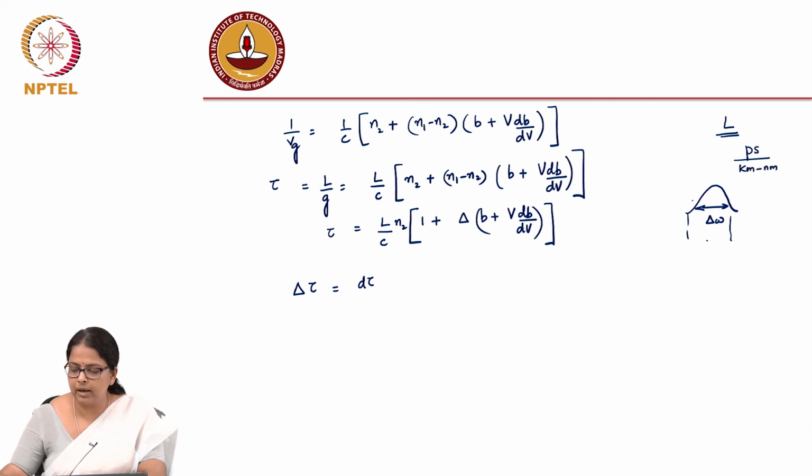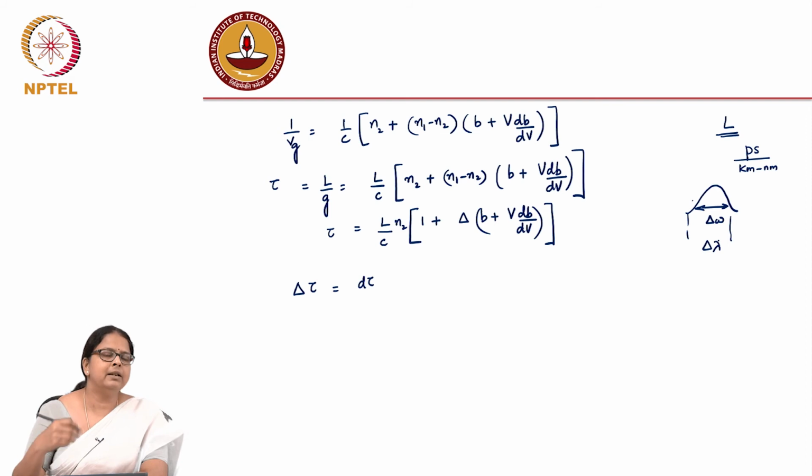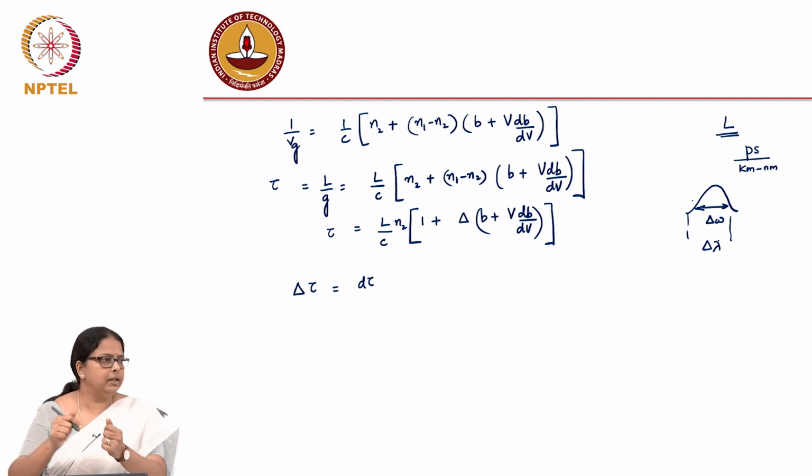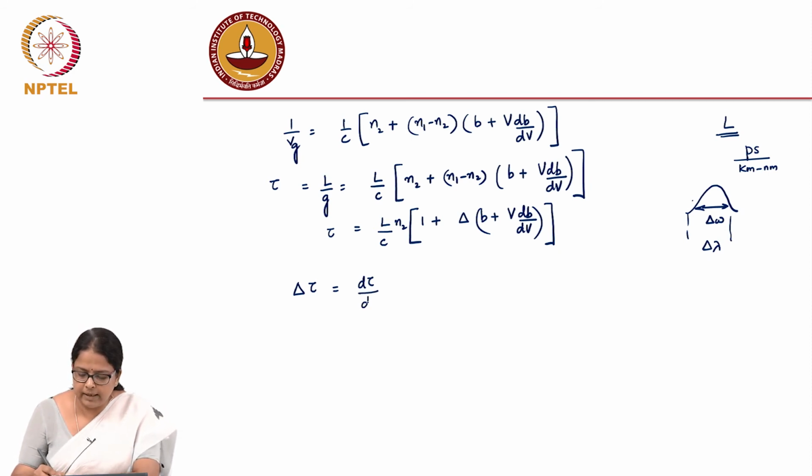So, instead of delta omega, we talk about delta lambda spread, right. So, if the source has a spread of delta lambda, then what is the difference between the time of flights of the two extreme lambdas that I have in my source, that is my delta tau. Okay. So, my delta tau is d tau by d lambda delta lambda, where delta lambda is now my spread in the source.